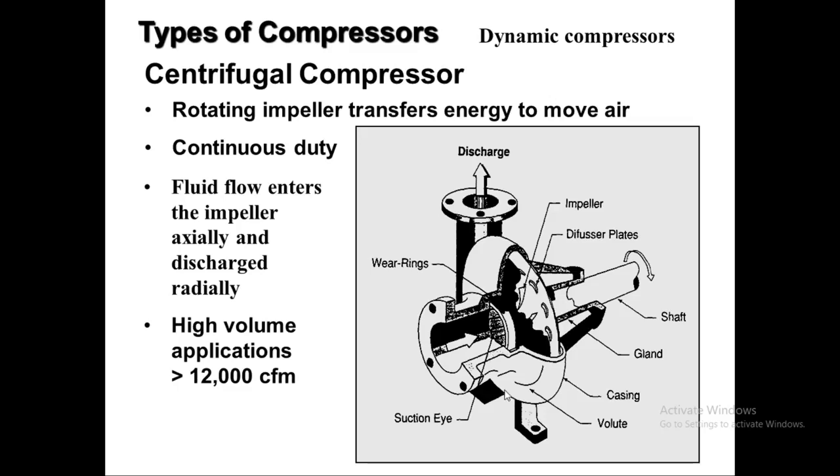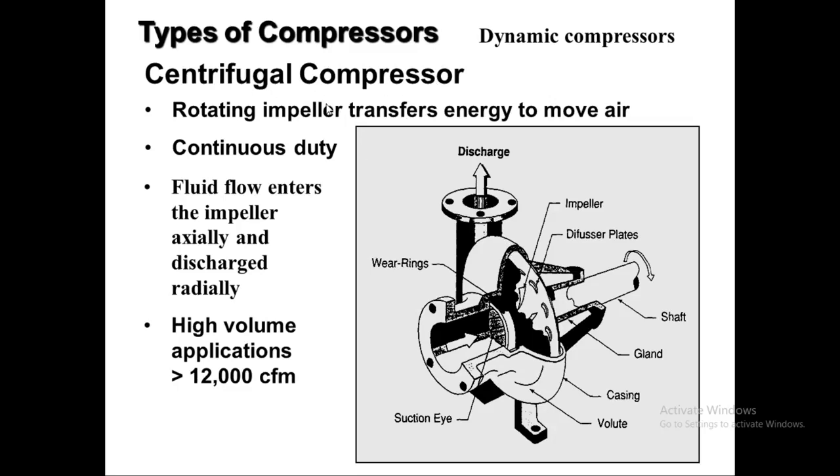So it's rotating very fast, and this is imparting kinetic energy to the gas or the vapor which is coming in through the eye of the rotor, and then it goes into the blade, and it will impart the kinetic energy onto it, and then it will go to the diffuser, and in the diffuser this kinetic energy will be changed to pressure.